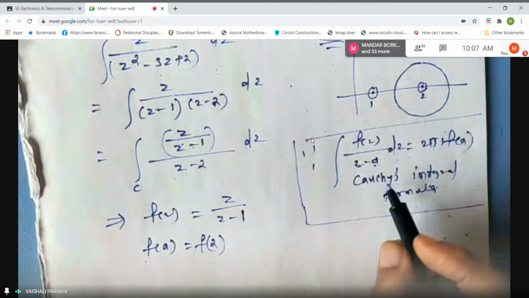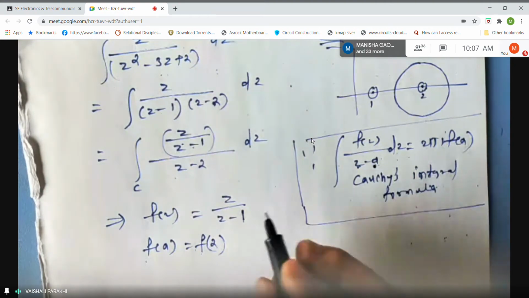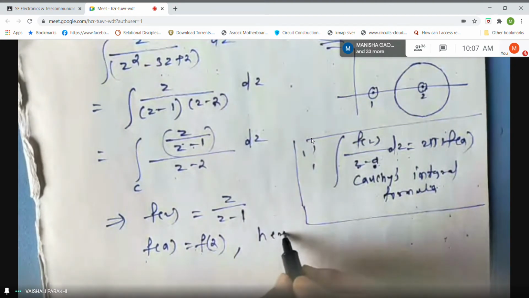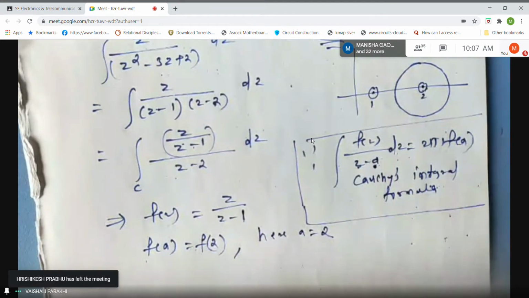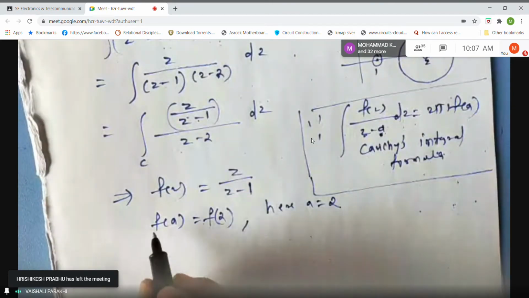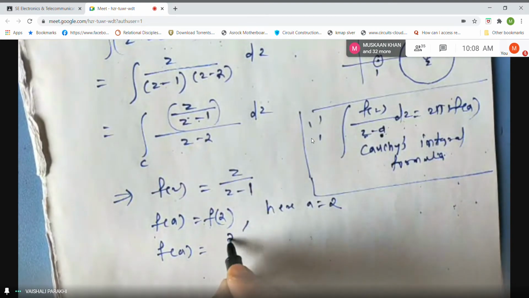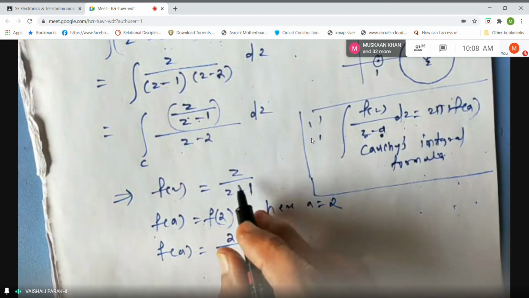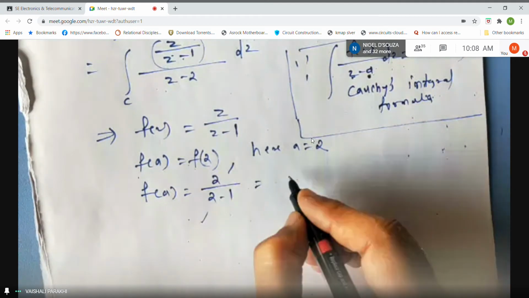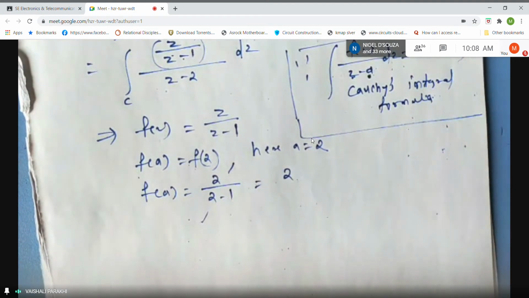z minus a is z minus 2. So what is a here? Here a is equal to 2, because (2, 0) is inside. So what will be f of a here? 2 divided by 2 minus 1. Wherever there is z, I am replacing it by 2. So it is becoming 2. Okay?